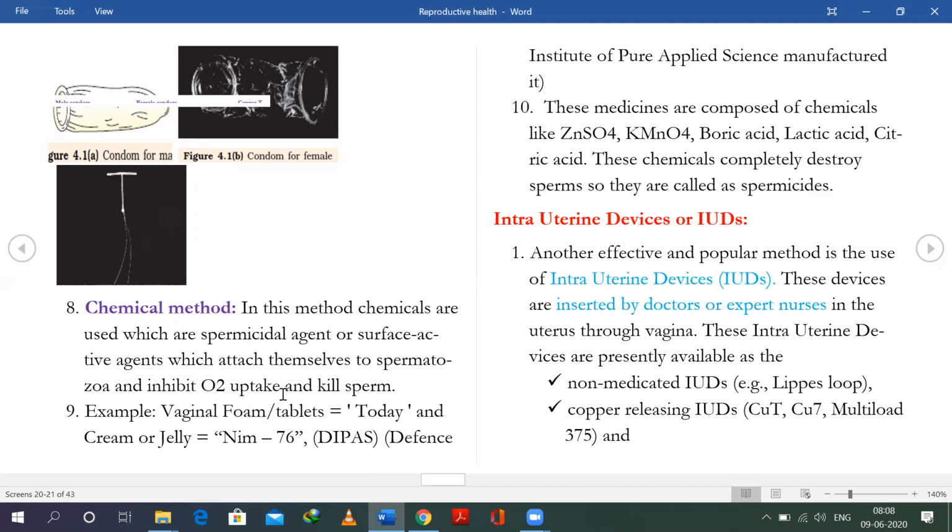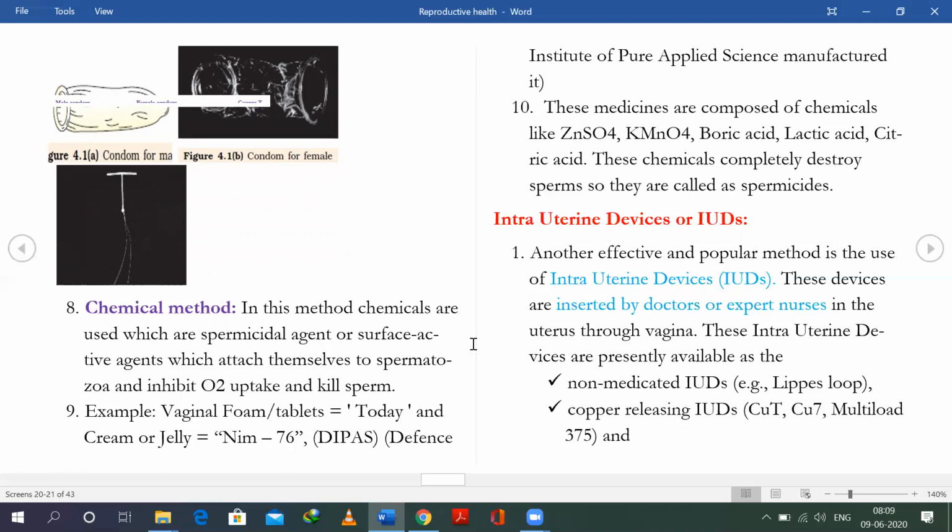In the barrier methods, we also have one more method. These are the chemical methods. What are these chemicals? These chemicals are applied over the reproductive organs during sexual intercourse, so that the pregnancy can be avoided by killing the spermatozoa, right?